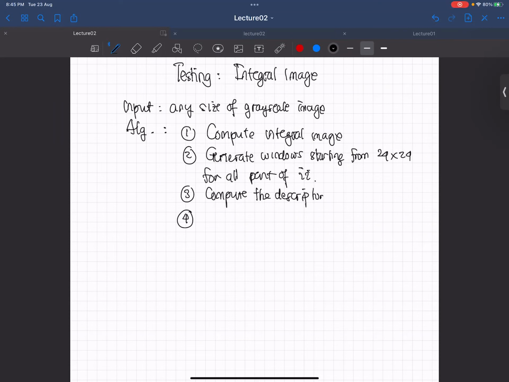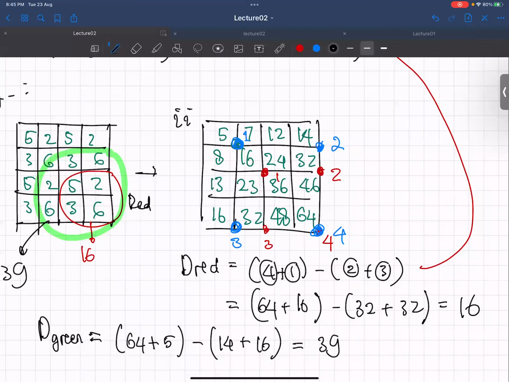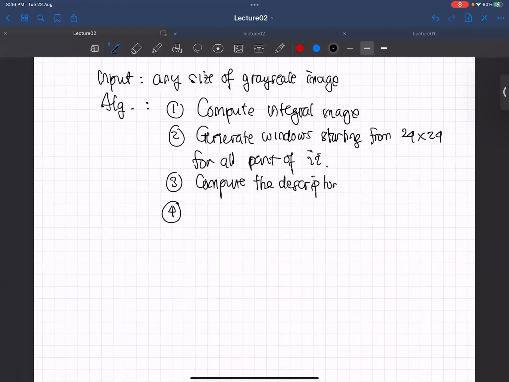Then we have to increase the mask, right? Now, imagine that you have the integral image. If you want to increase the size of the mask, what you need to do is to increase the block size. In the beginning it is 24 by 24. Now it's up to you.